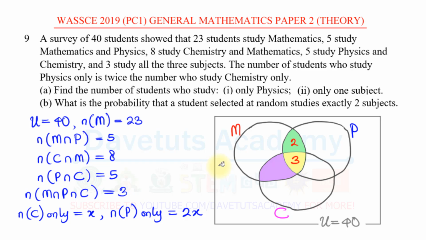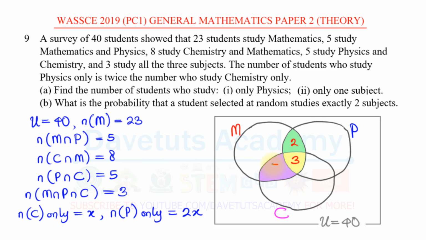That is the region of those that study mathematics and chemistry, this particular 8 that we are looking at. But out of that 8, 3 study maths, physics, and chemistry. So the remaining for the purple section will be 8 minus 3, and that will give us 5. So here we are going to have this as 5.